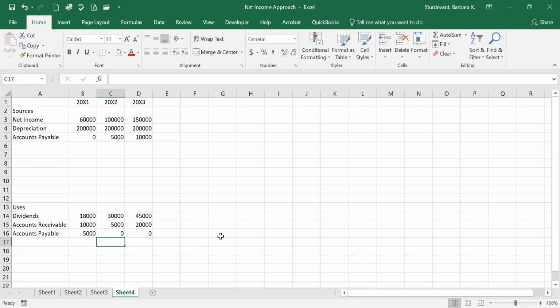Okay, now they're going to buy a piece of equipment during X3. So they don't want to borrow any money. So we're going to put the price down here. Price, full price, always goes down here.